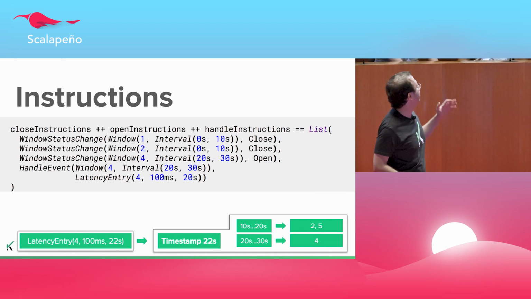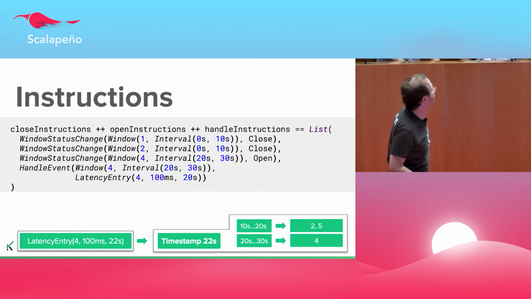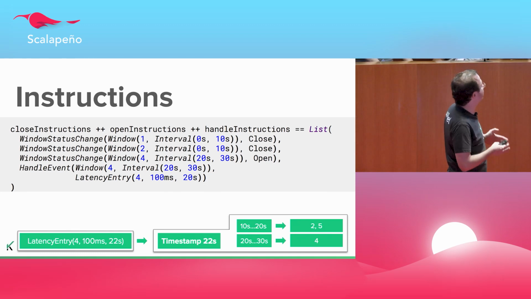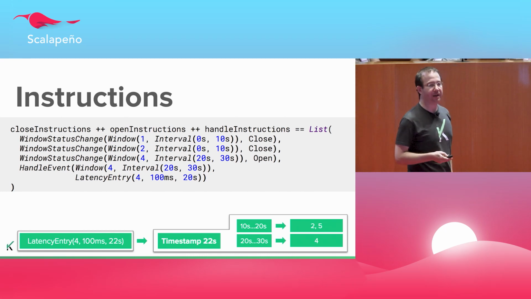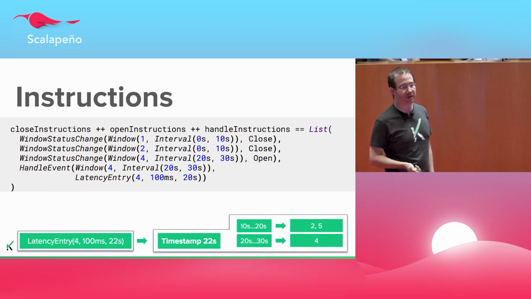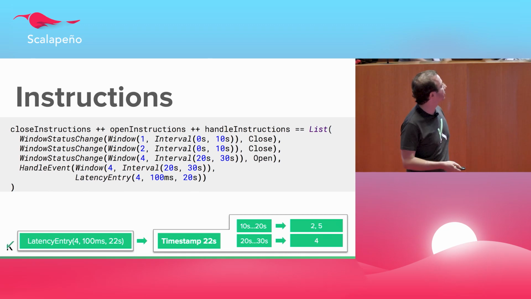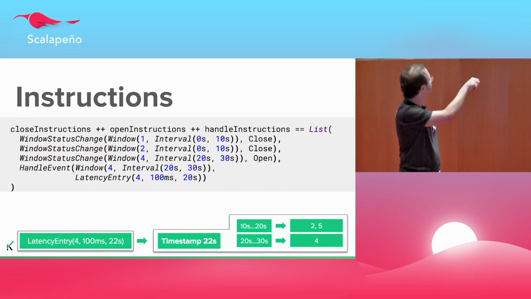Here we have a window status change where we want to close the window, the first two windows that we closed before. And afterwards, we also want to open a window, and then there's the event that arrived with the latency entry to be processed.